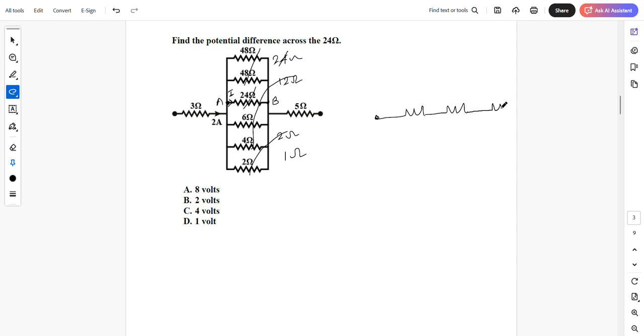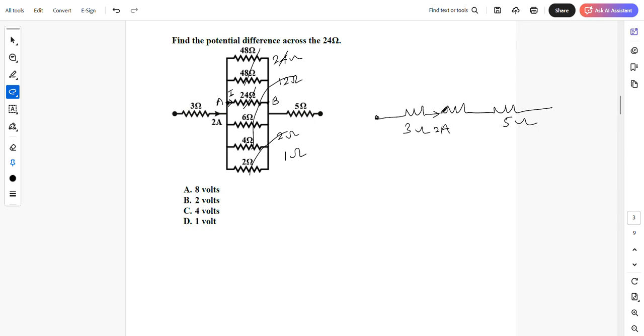Now the circuit is like this. This is 3 ohm, already given, and 2 amperes of current is flowing here.